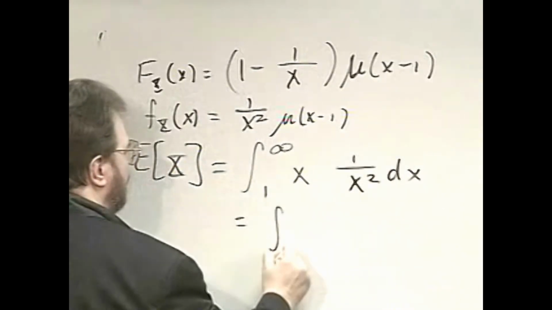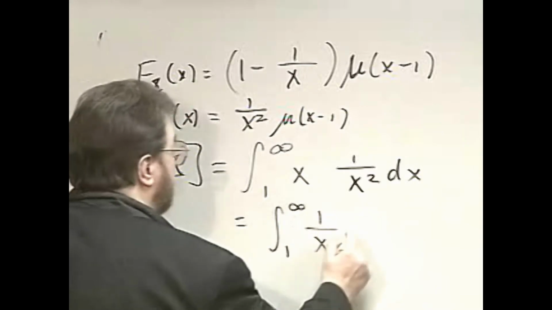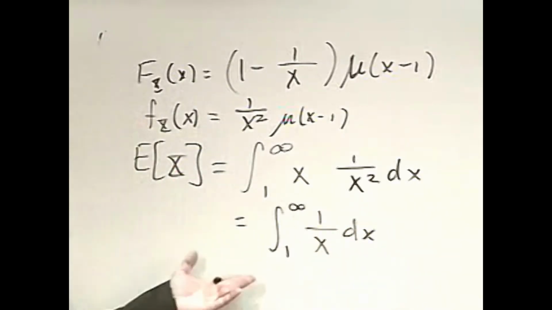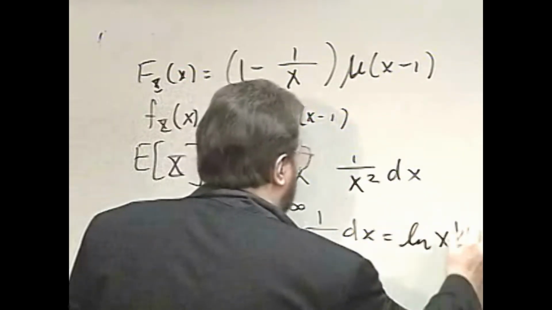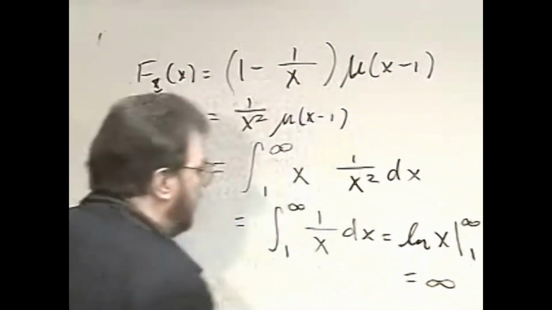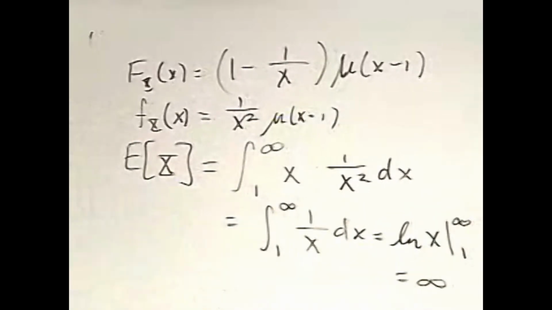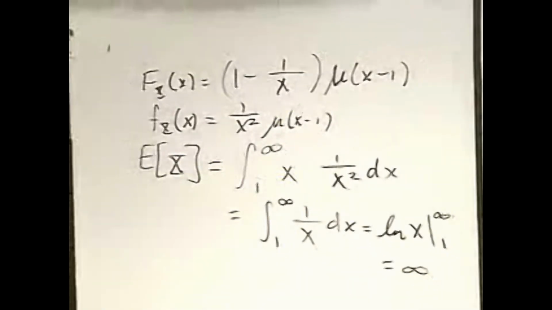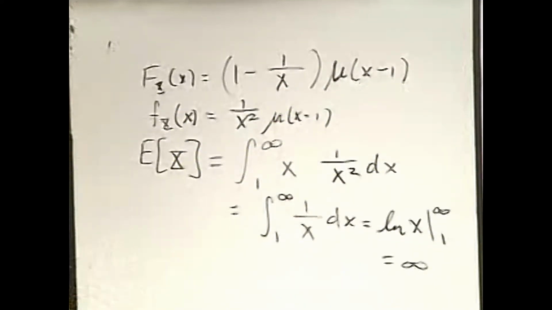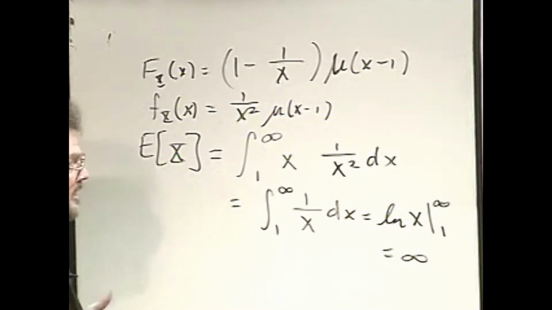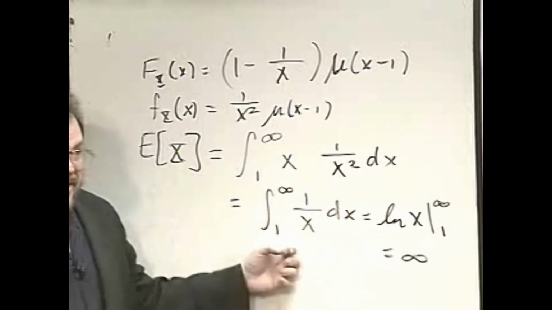So it's equal to the integral from 1 to infinity of 1 over x dx. And you know that the 1 over x curve has an infinite area. This is equal to the log of x between 1 and infinity, which is equal to infinity. So here's a random variable whose expected value, its mean, is infinite. Or more rigorously for mathematicians, the mean doesn't exist here. So means don't always exist.